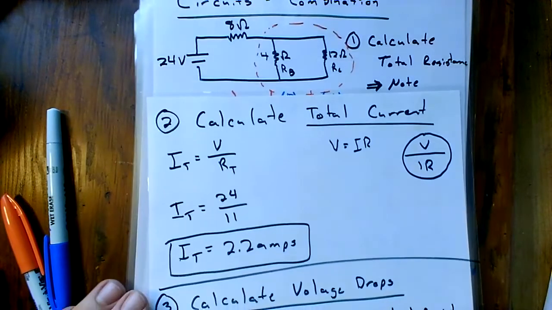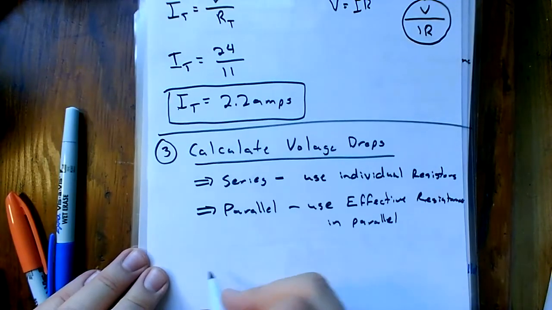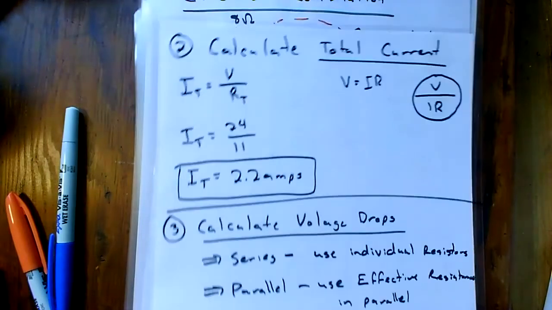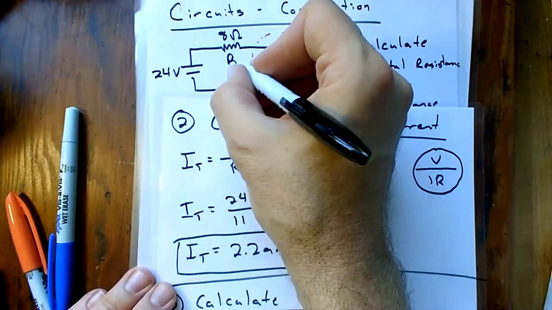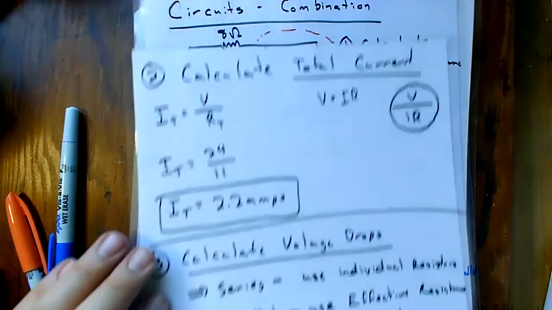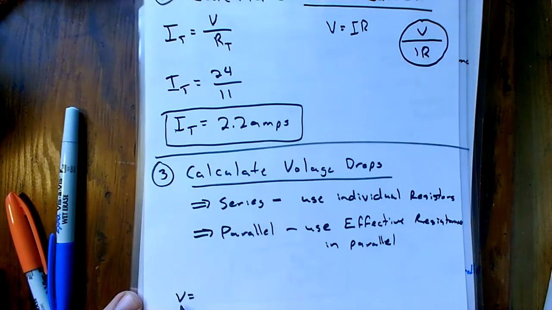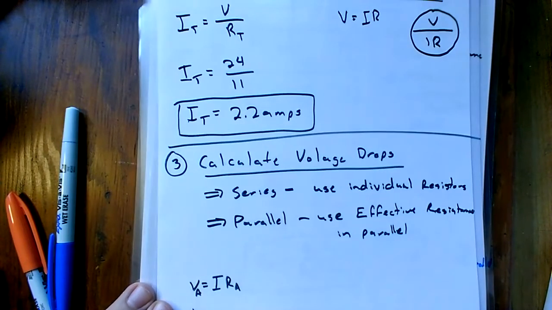So for our circuit here, we have 2.2 amps. So I've got my total current, and if I'm looking at across my resistor A, well, my voltage across resistance A is going to be my total current times resistance A. So my voltage across A is that 2.2 amps times that 8 ohms.